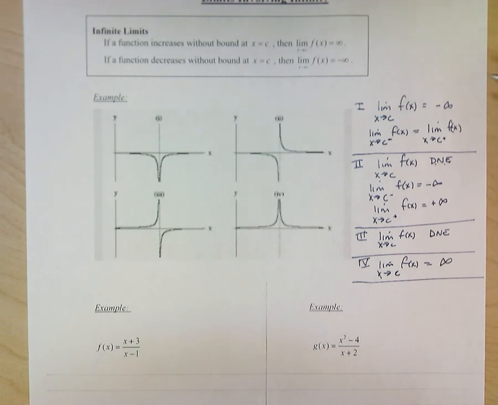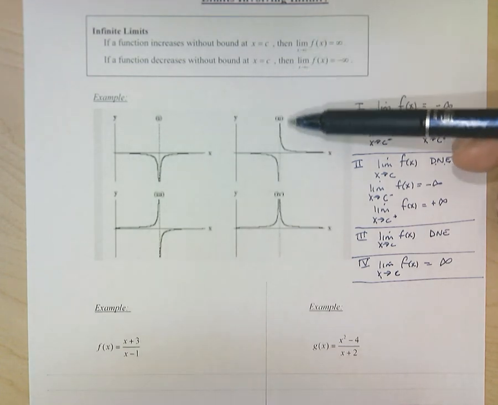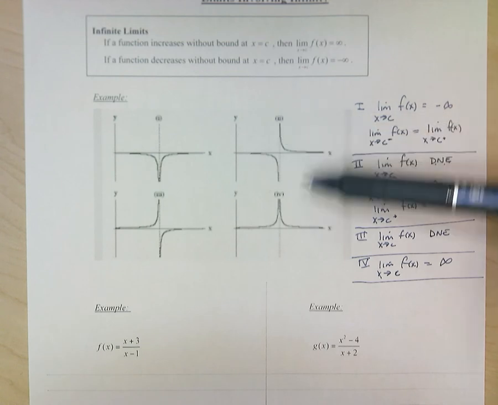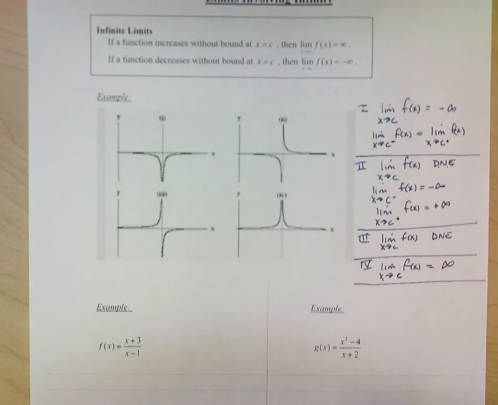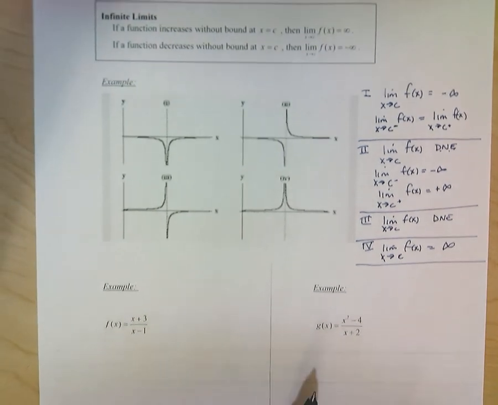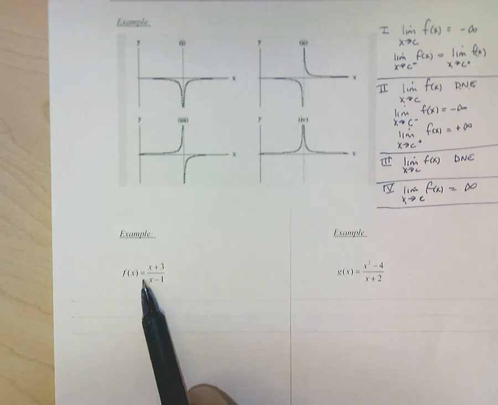So in a nutshell, these infinite limits are really looking at vertical asymptotes. Every single one of these values occurred with a vertical asymptote. So when we actually look at problems, here's the first example: f of x equals x plus 3 divided by x minus 1.